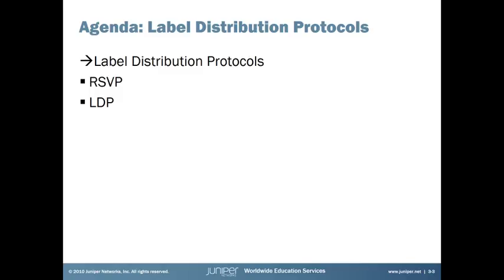So it's used to reserve the resources on systems and devices, mostly systems and devices. But it has been adapted to be used with MPLS, and it is very effective in use with MPLS. The LDP label distribution protocol has been designed specifically for MPLS.